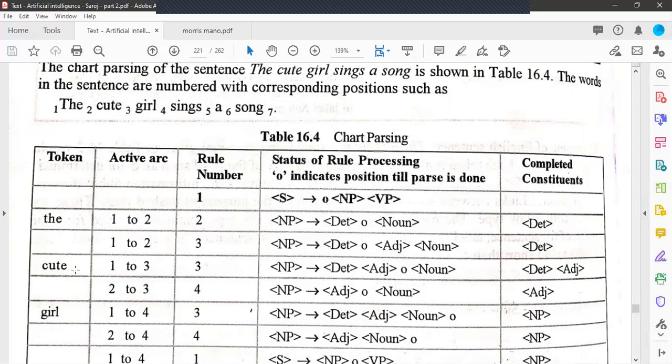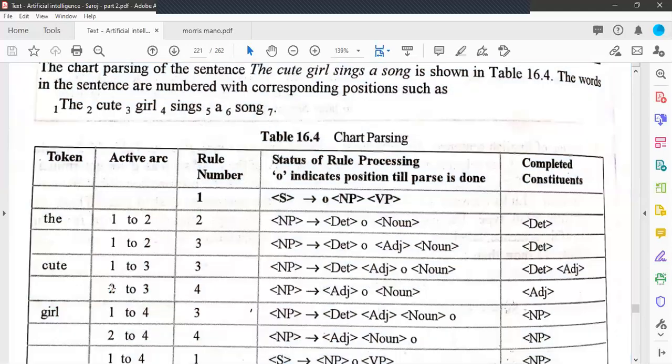As it goes forward, it encounters cute. Cute is 1, 2, 3, or it can be 2 to 3. If you go from 1 to 3, means the cute, it is rule number 3, the cute determiner adjective.